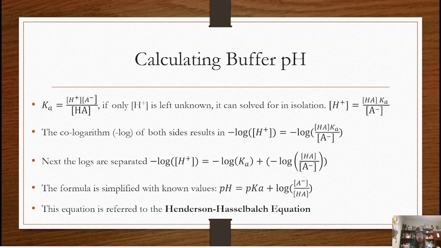You'll notice it was flipped around up there, but the negative logarithm switches to a positive logarithm, and thus flips our ratio. So if you know the pKa, you can easily see how adding base or adding acid will affect our pH.